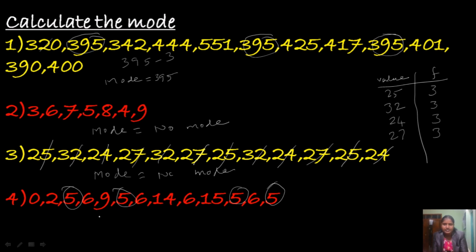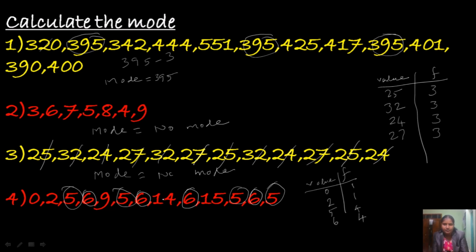Likewise 6 occurs 4 times. Let's write down as usual value and frequency. 0 occurs 1 time, 2 occurs 1 time, and 5 occurs 4 times, and next 6: 1, 2, 3 and 4. 6 also repeats 4 times.